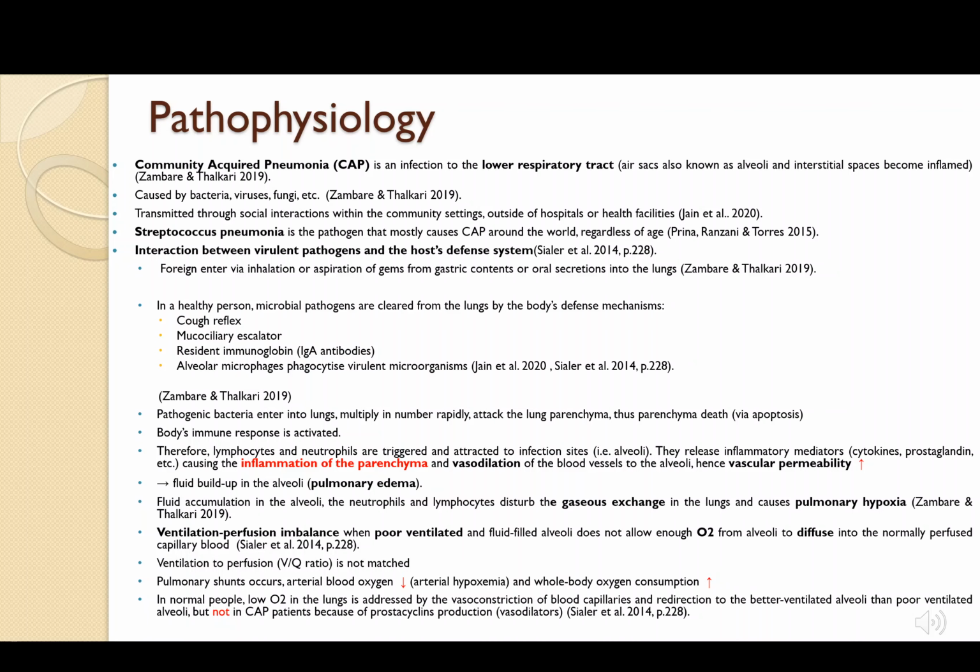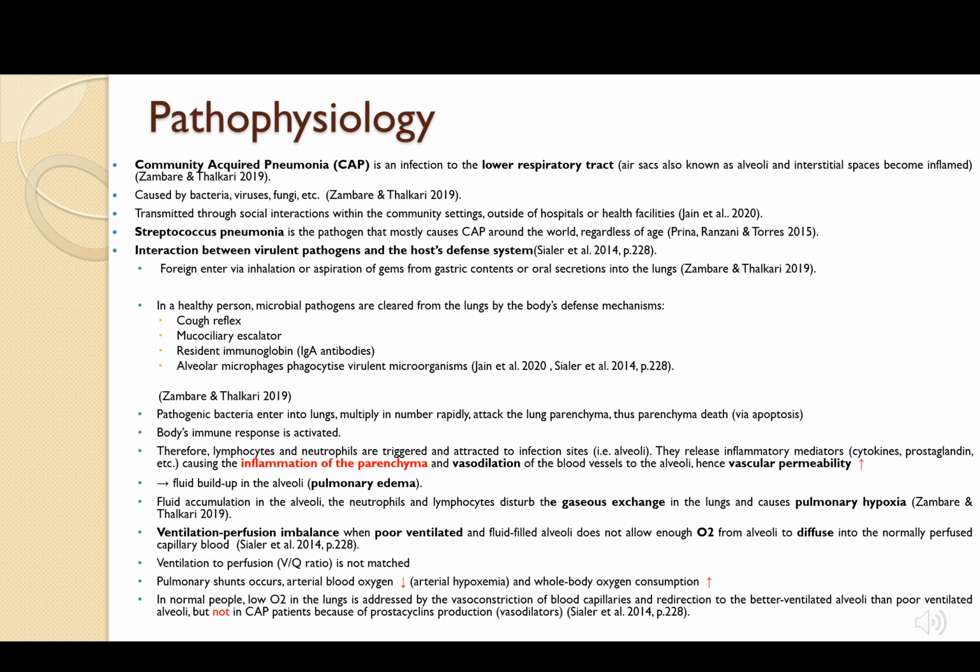Community-acquired pneumonia is transmitted through normal social interactions that occur within community settings outside of hospitals or healthcare facilities. The main pathogen that causes community-acquired pneumonia around the world, regardless of age, is Streptococcus pneumoniae.